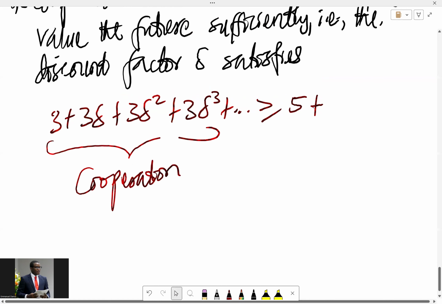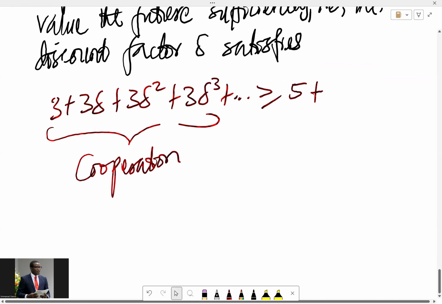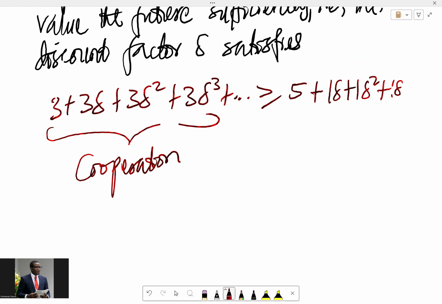And we have this 5 plus 1 delta plus 1 delta squared plus 1 delta cubed, and so on and so forth. Here this 5 is for one-sided defection.